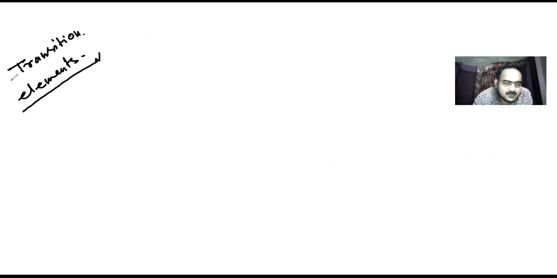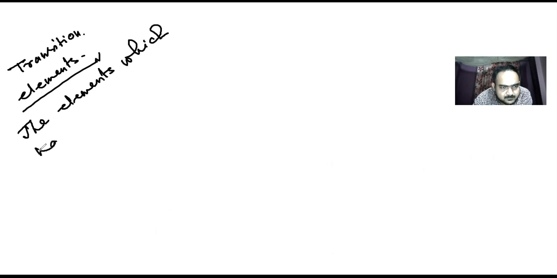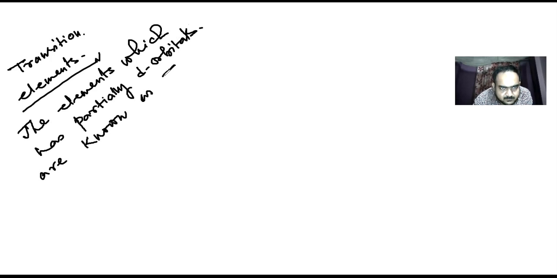The definition is that the elements which have partially filled d orbitals are known as the transition elements.